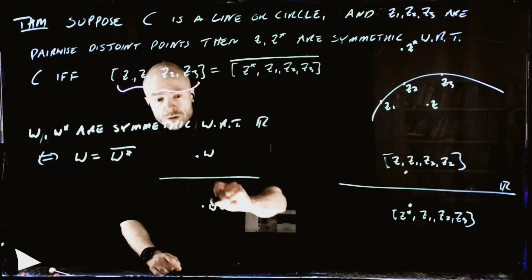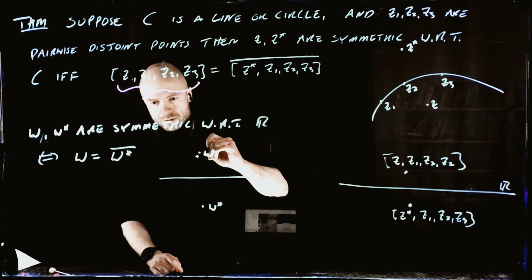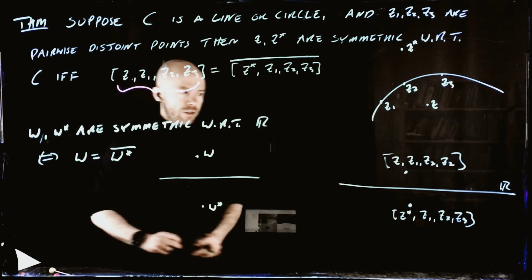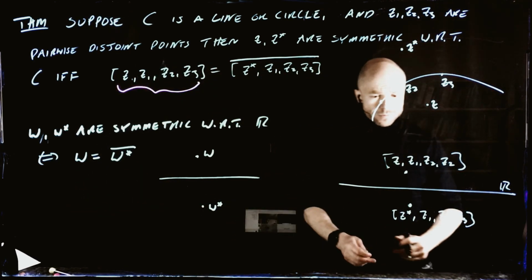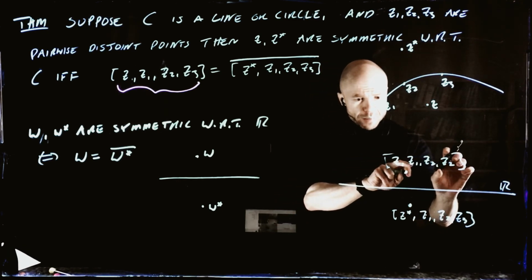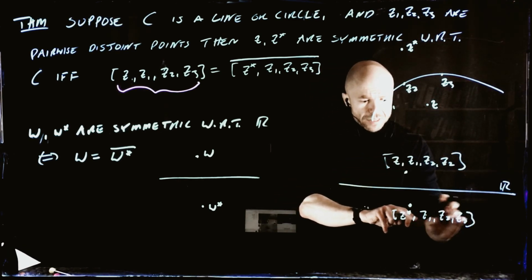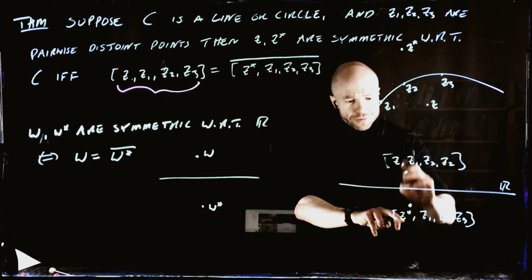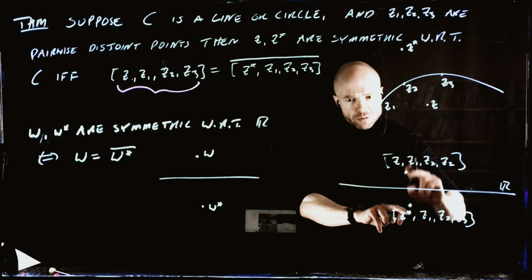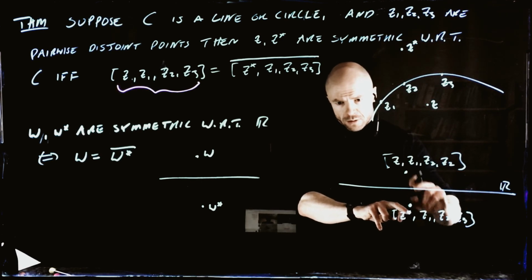So W conjugate will send us exactly here. So again, W star conjugate will give us exactly this. Yeah? So symmetry with respect to the real line is exactly having this relation, right? So this complex number here, which is the image under the Mobius transform, and this guy, which is the image under the Mobius transform of Z star, this equation here is exactly saying that they are symmetrical with respect to the real line. Yeah? Symmetrical with respect to the real line.